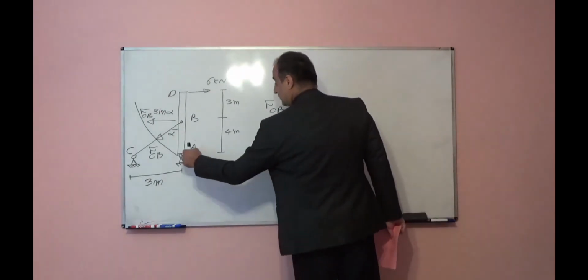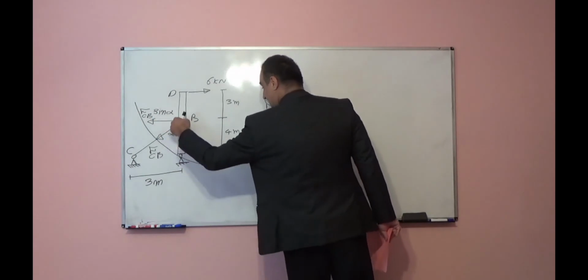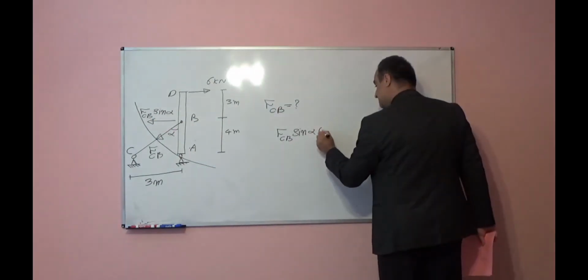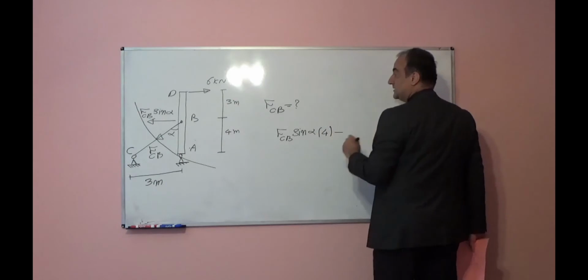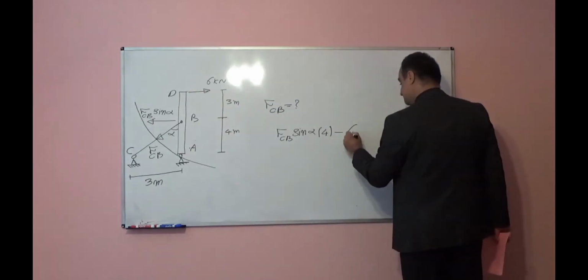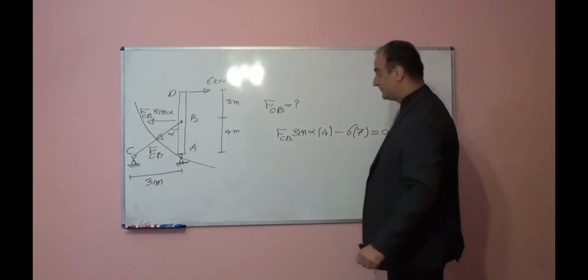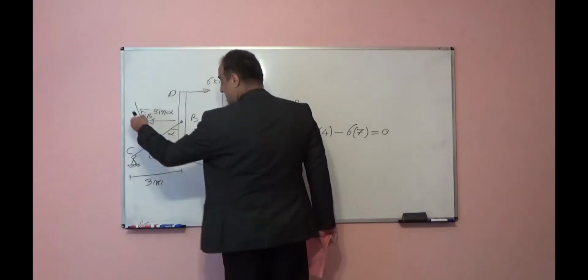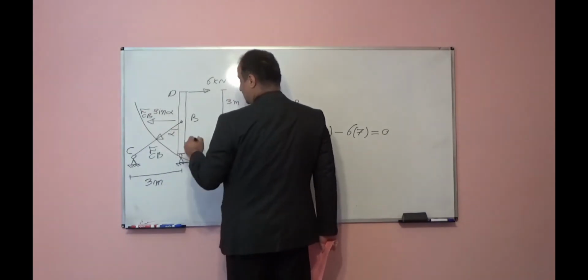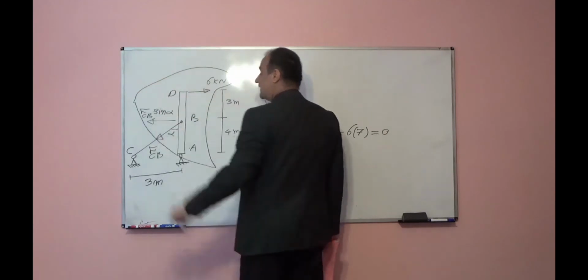I can take moment respect to point A, FCB sine alpha times 4 minus 6 times 7 is equal to 0. What I did, I cut this cable, and this is my free body diagram, this part.